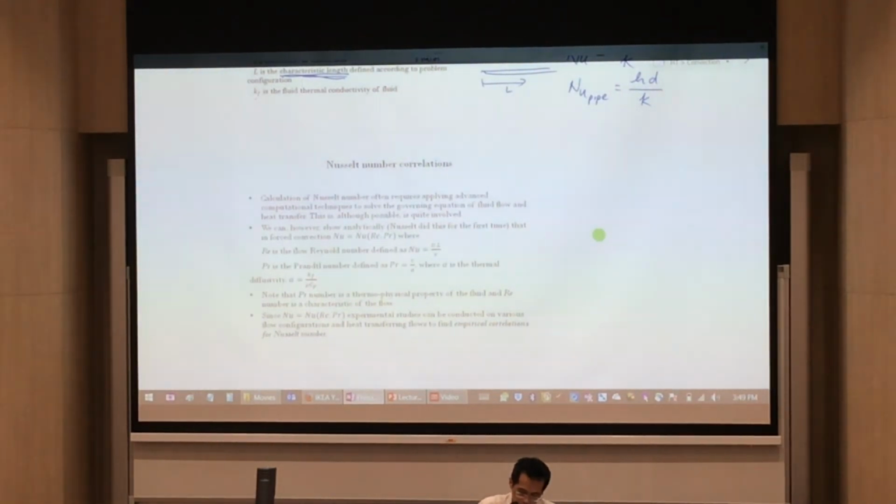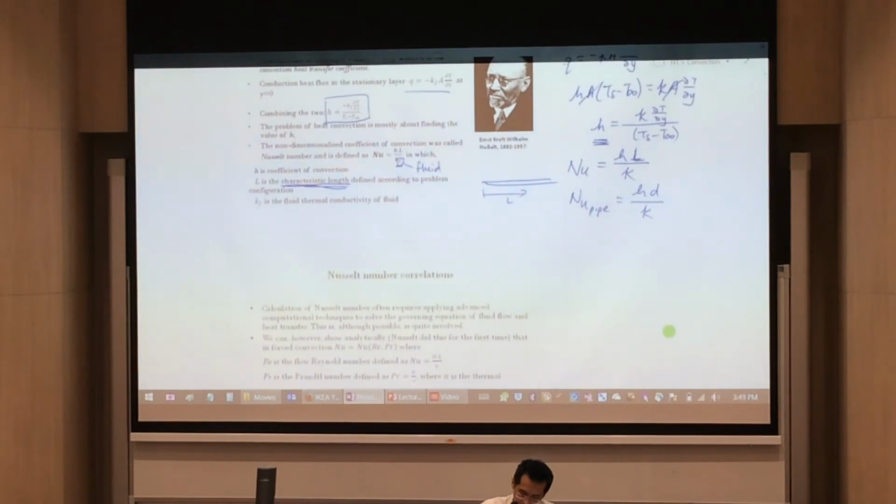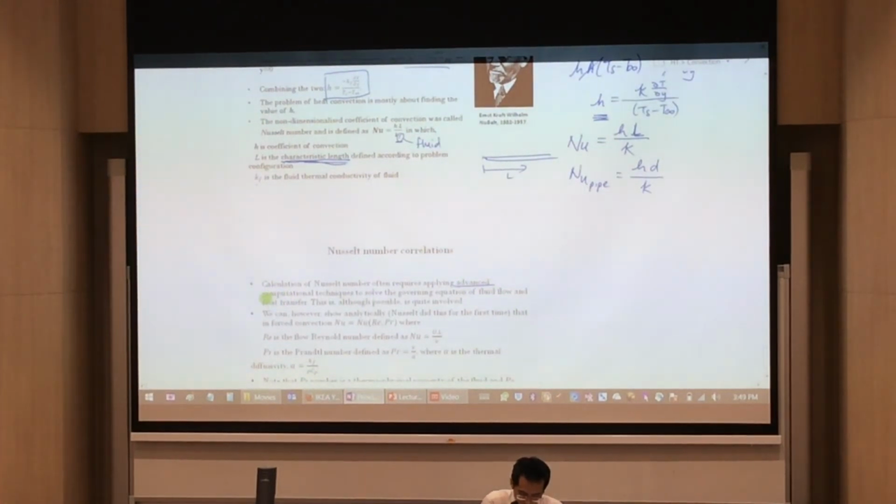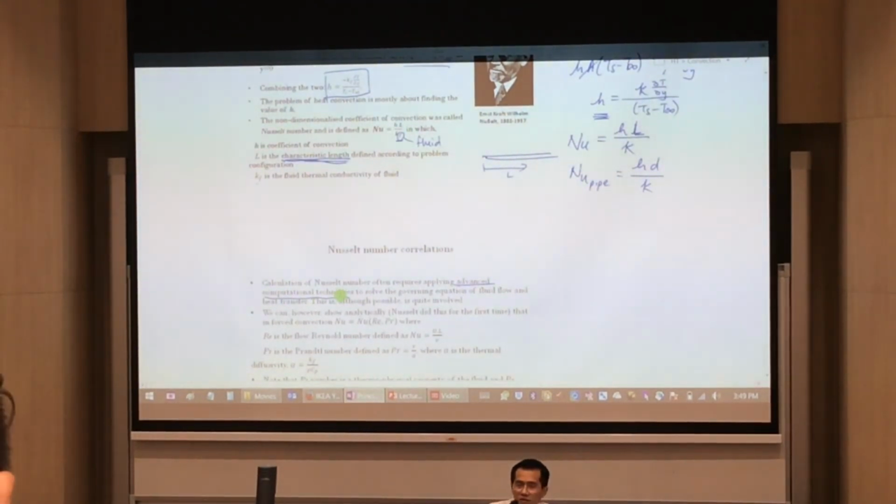Now, a lot of times, please note that we'll be using Nusselt number in order to help us to calculate what is H value. And later on, there'll be some examples to show us how to do that. A lot of times, calculating this H value through Nusselt number requires some advanced computational effort.